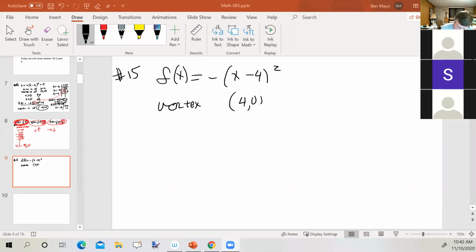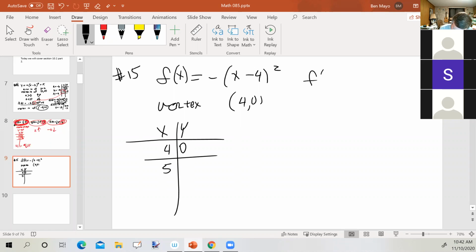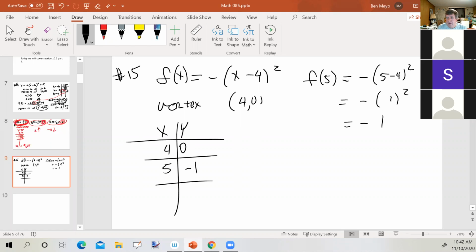So again, from the vertex, I want to stay close by, so how about 5? So f of 5 is going to be negative, the negative is outside, 5 minus 4 squared. 5 minus 4 is 1, 1 squared, so negative 1. So it's going to be at (5, -1).